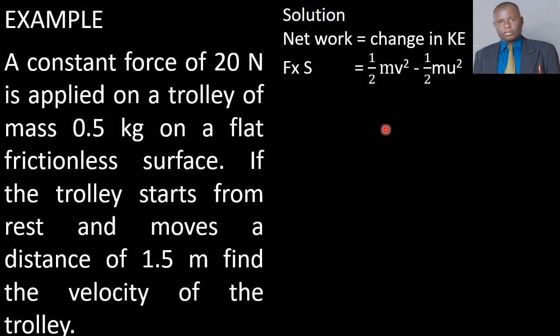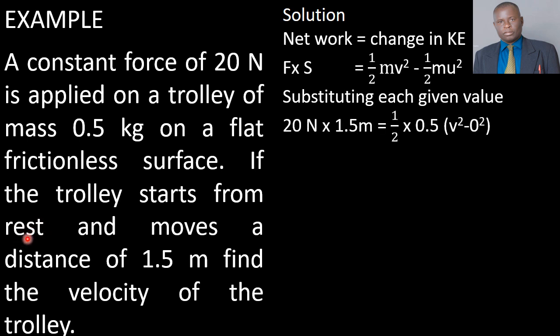From rest means that u is equal to 0, so all you have to do is substitute each given value into this equation. Force is 20 newtons, distance moved is 1.5, and u is 0 because it starts from rest.